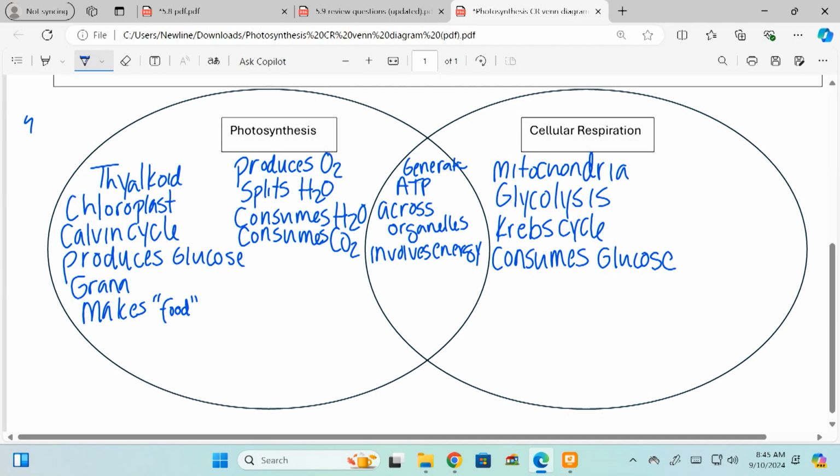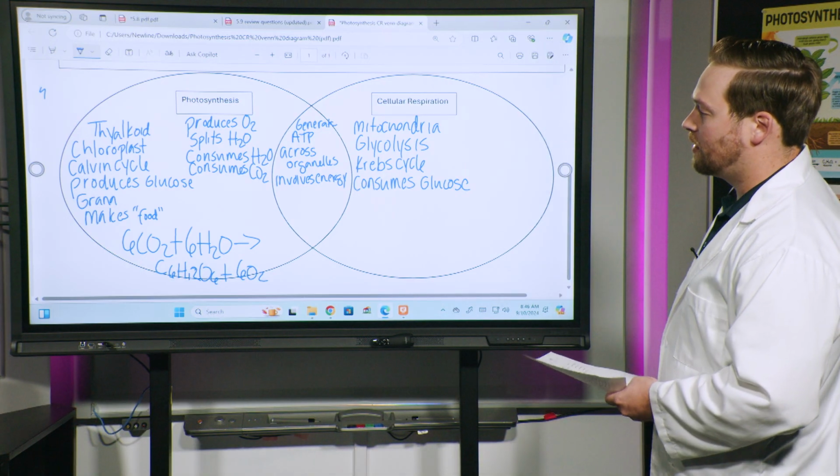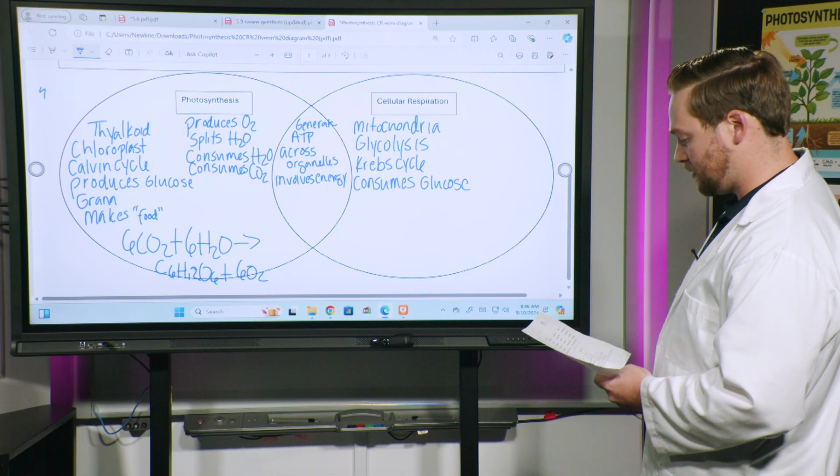So this first chemical equation, 6CO2 plus 6H2O yields, I'm going to write it down here, sorry about that, C6H12O6 plus 6O2. Okay, great work. So that is the chemical equation for photosynthesis.